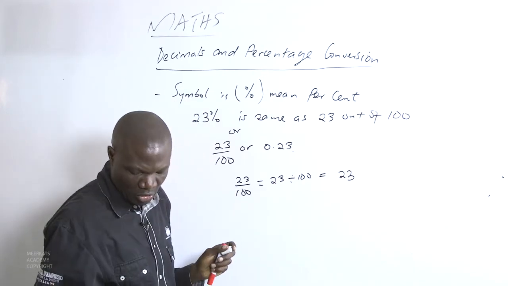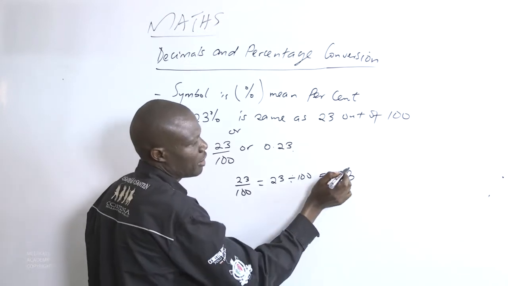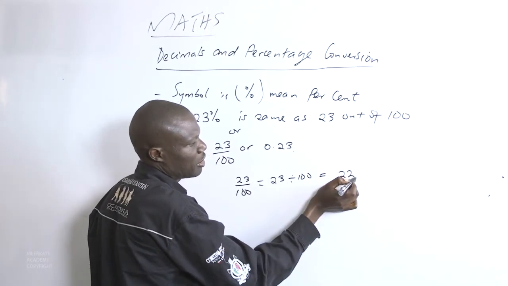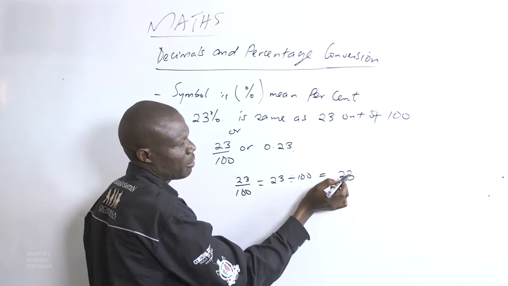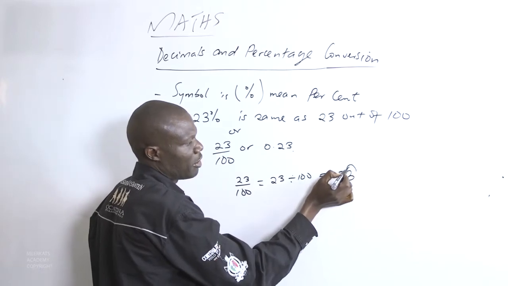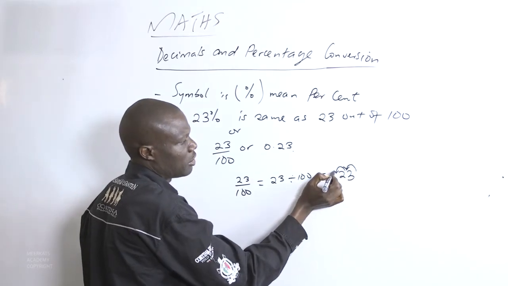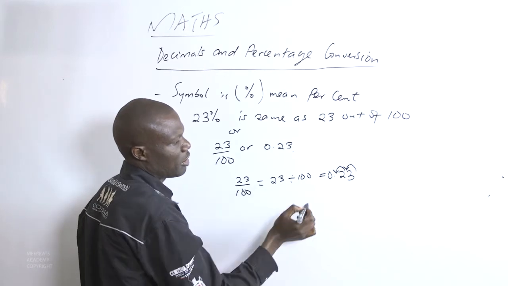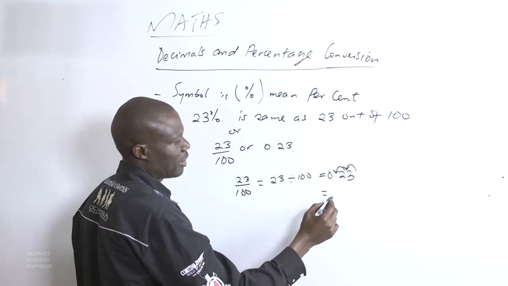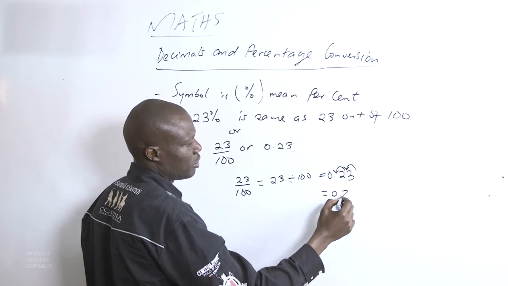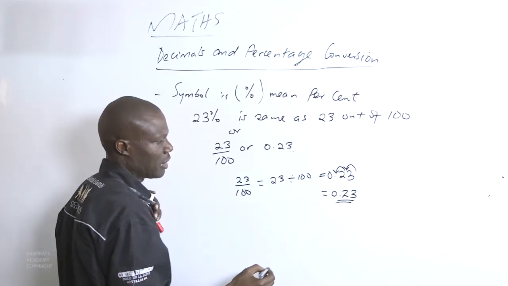We want to see how we shall move the decimal places. So this was the original. This is where we have the decimal point at the moment because it's a whole number. This is 1, this is 2. So we shall come to this particular point and define the answer is 0.23 as a decimal.